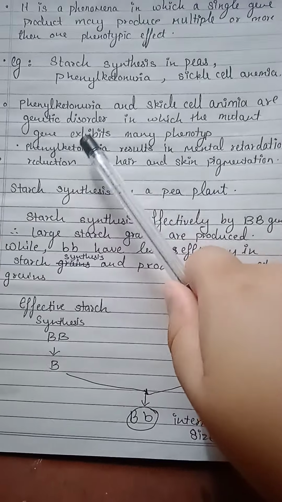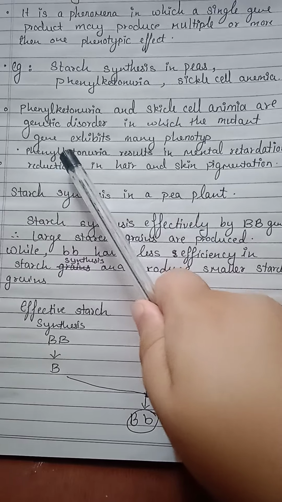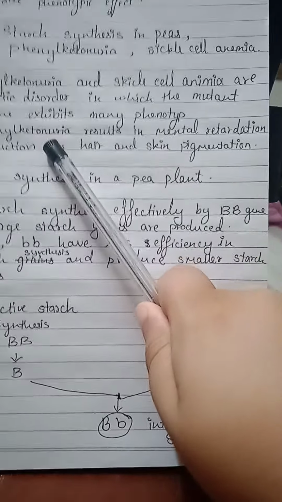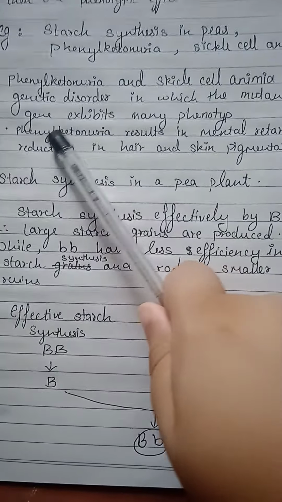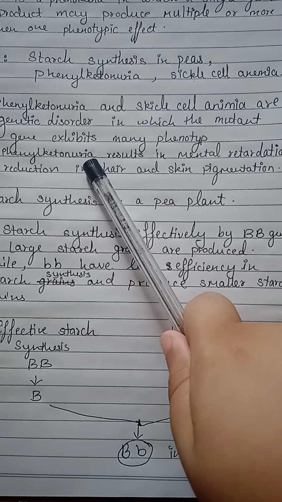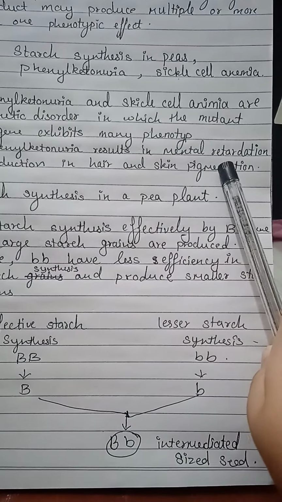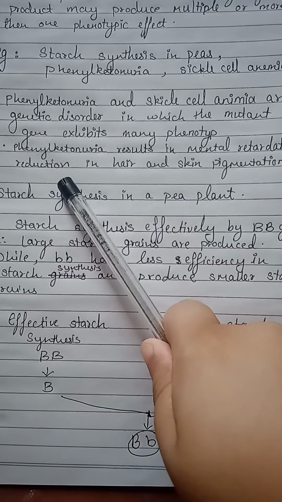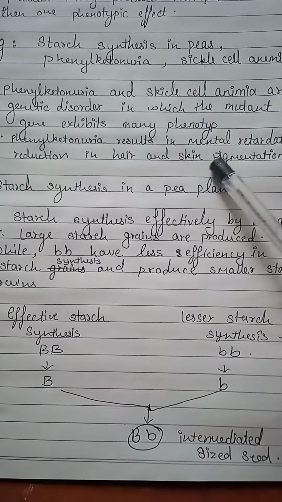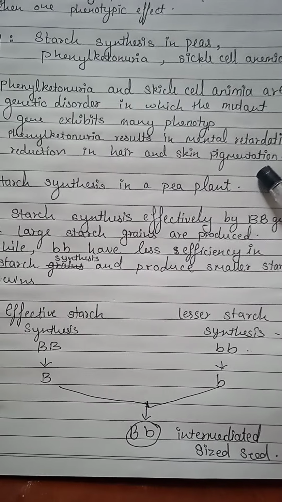Due to this, the disease phenylketonuria results in mental retardation, along with reduction in hair and skin pigmentation.